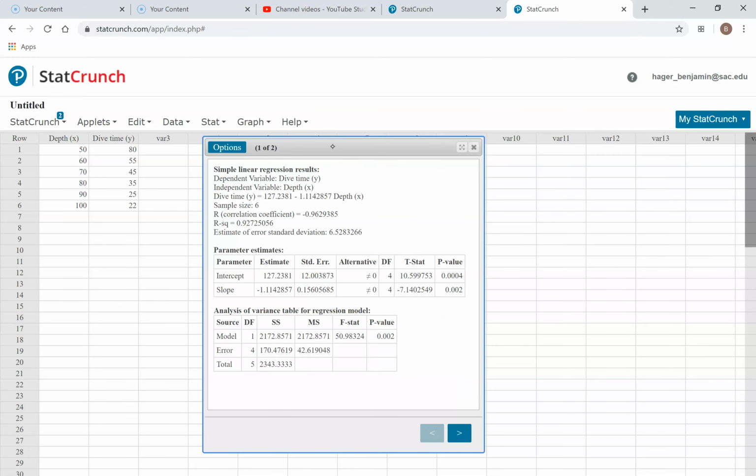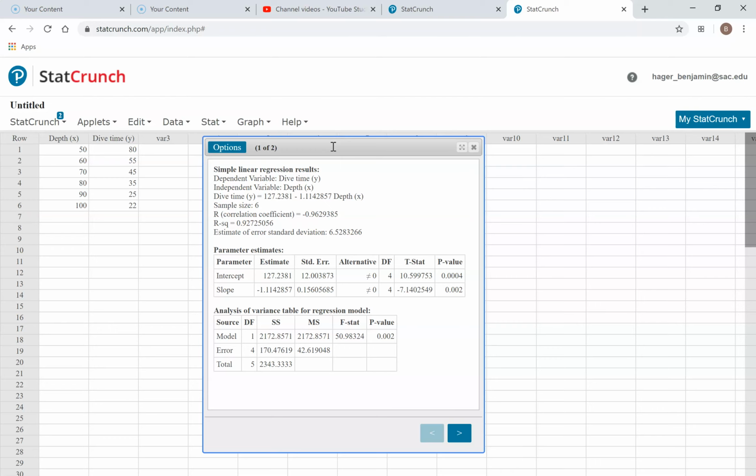Let me go back. So a lot of this information is not needed for us. When we get into 12.4 and 5, we'll talk a little bit about this, but really what we need is, here's the equation again, right here. Dive time, y equals, there it is, that's what we found, right? And the other thing that's good to see is the correlation coefficient.